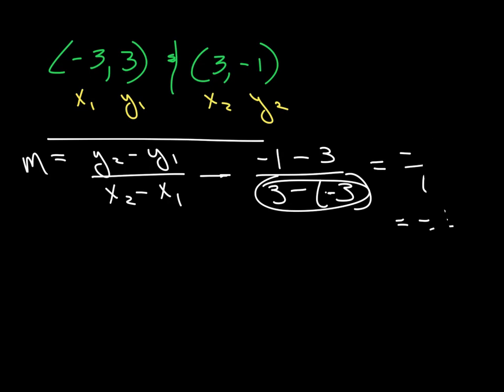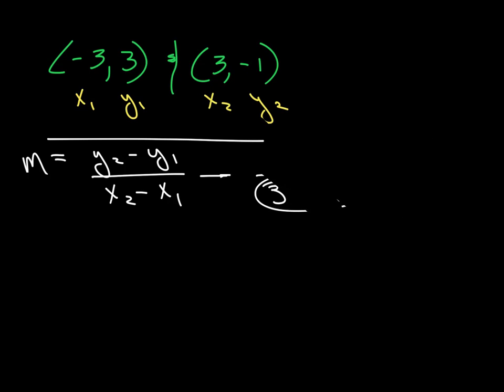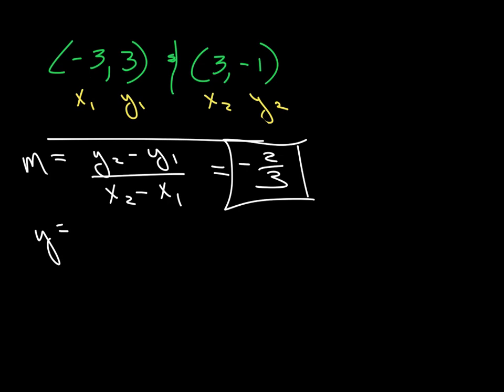Okay, so let's see if we can get rid of a whole bunch of stuff here. So our slope is -2/3. That's done. Now all we have to do is find the y-intercept, the b part of our y equals mx plus b. What do we have?